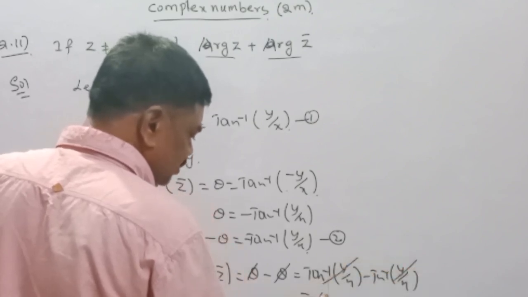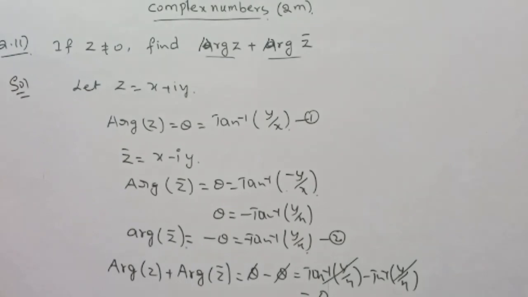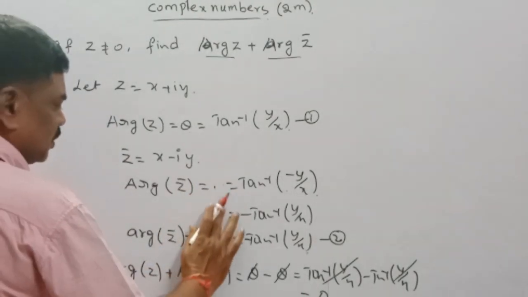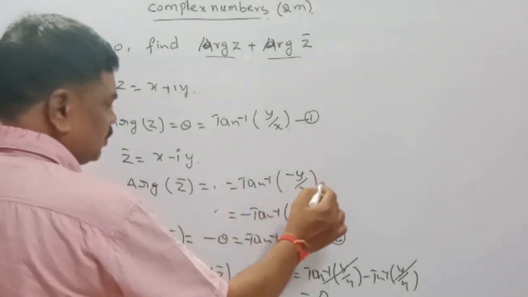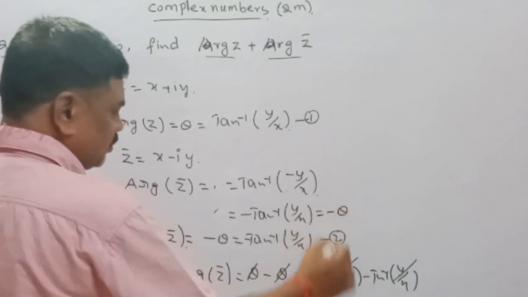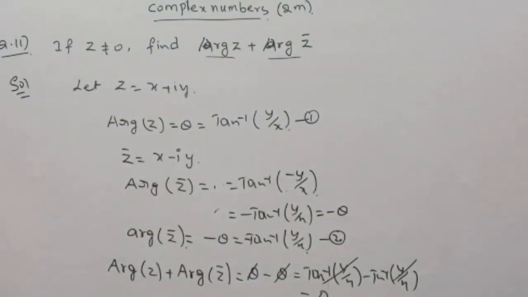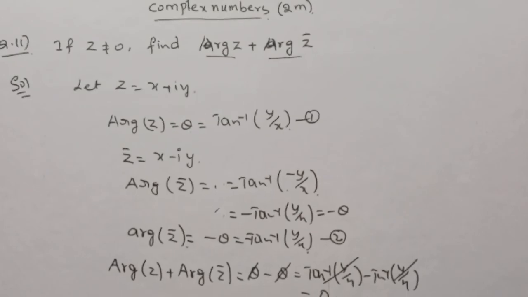This cancels, equal to 0. This is equal to minus theta. This value is 0. Okay, all of you. That's all. Argument of z plus argument of z bar is equal to 0.